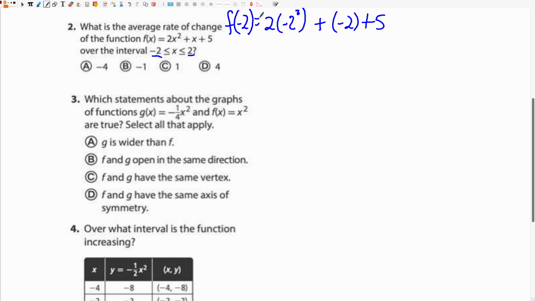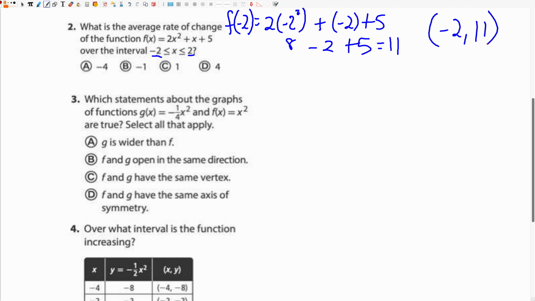So all I did was put -2 back into the trinomial equation. -2 squared is +4 times 2 would be 8, minus 2, because plus a negative would be -2, and then plus 5. So 8 minus 2 plus 5 is 11. Okay? So my first ordered pair is -2, comma, 11.